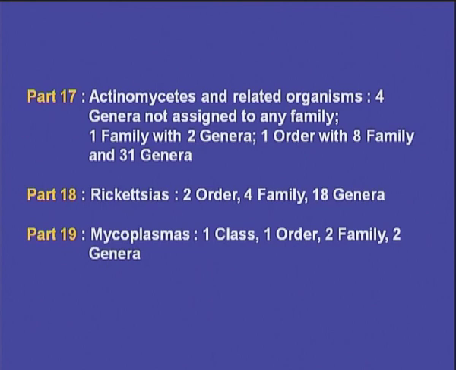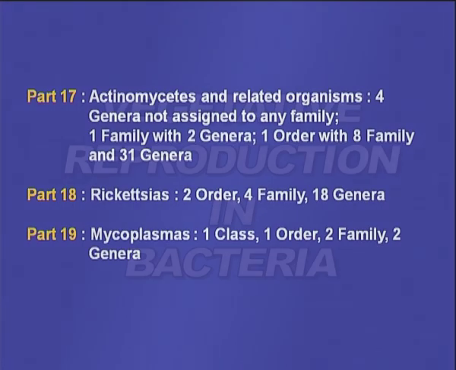It has 4 genera but not assigned to any family, 1 family with 2 genera, 1 order with 8 families and 31 genera. Part 18 is Rickettsias, 2 orders, 4 families, 18 genera. Part 19 is of Mycoplasmas, 1 class, 1 order, 2 families and 2 genera.